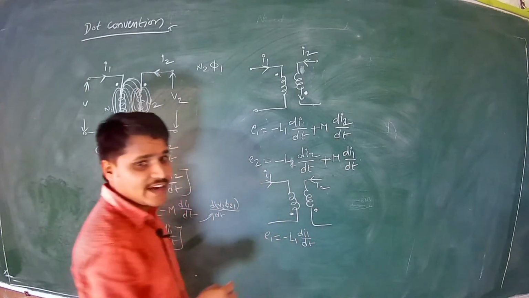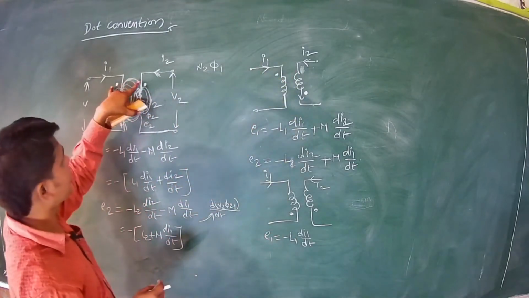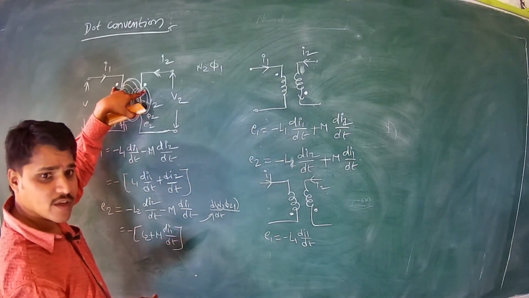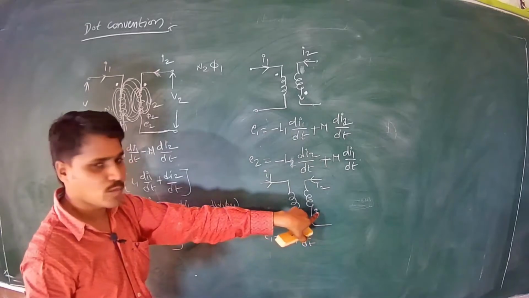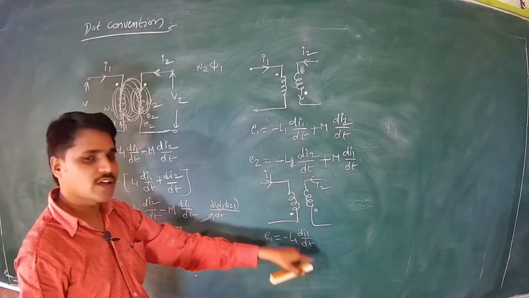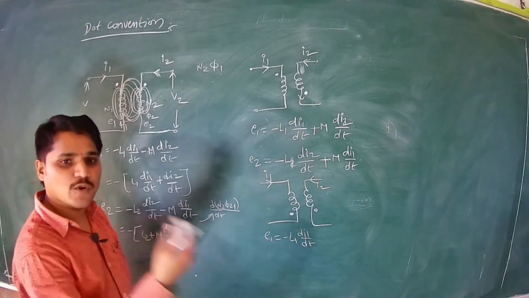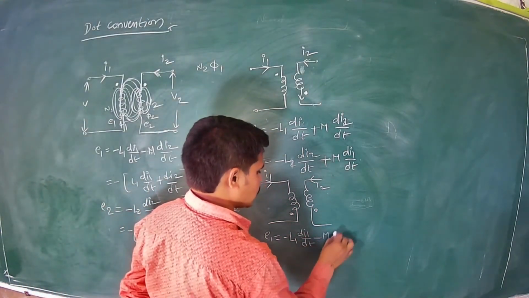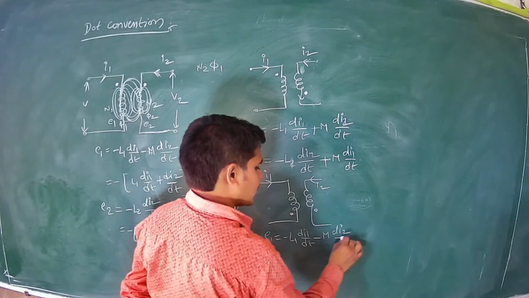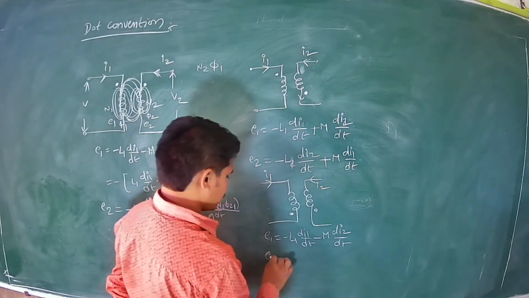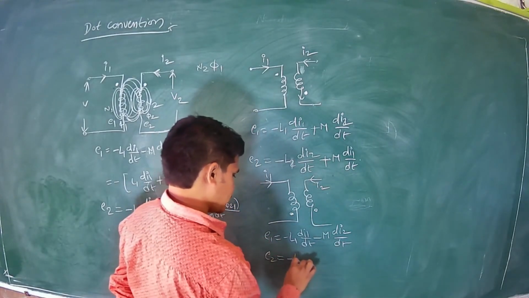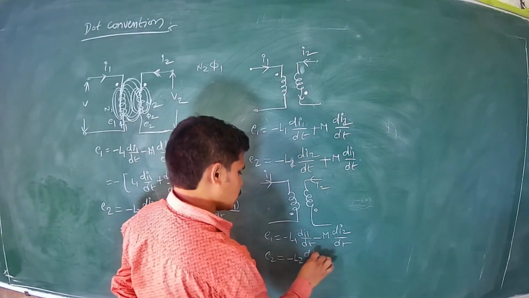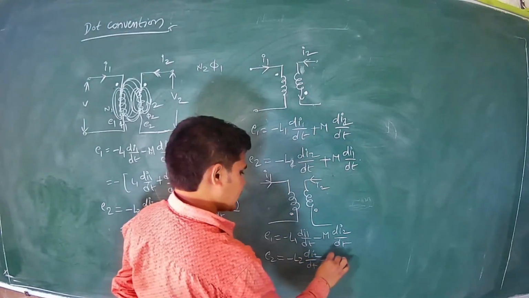Either current entering the dot in both coils or leaving the dot in both coils, it will follow the self-induced EMF, that is the aiding concept. Therefore, minus M into di2 by dt, and E2 equals minus L2 into di2 by dt minus M into di1 by dt.